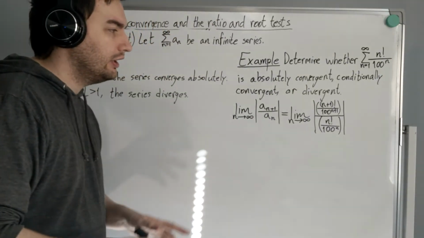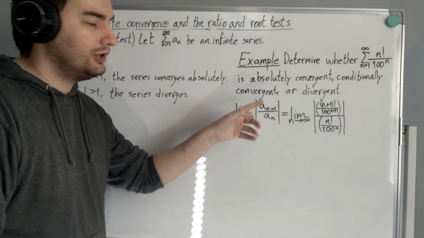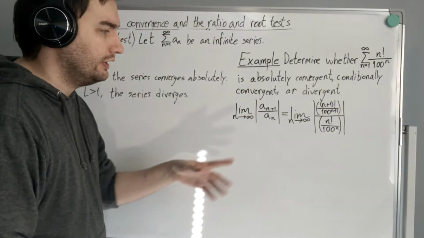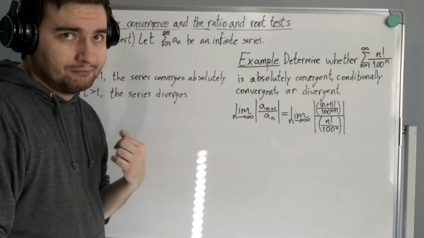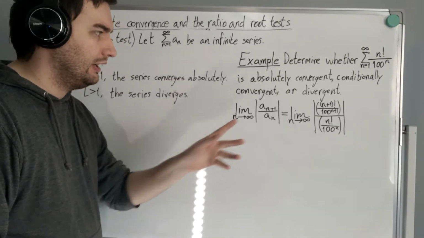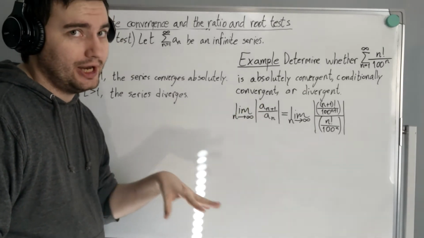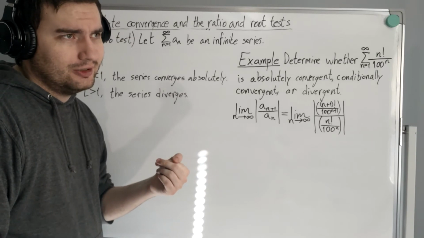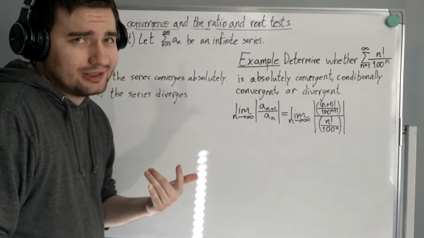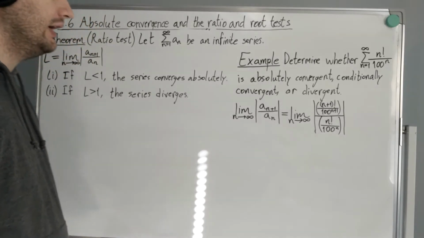So you're just taking the term when you plug in n plus 1 as the index, and the term when you plug in n as the index, and dividing a_(n+1) by a_n. And by the way, it does matter that it's a_(n+1) over a_n. If it's the other way around, then the ratio test can be rephrased, but it's going to be different. It's not going to apply in the same way.